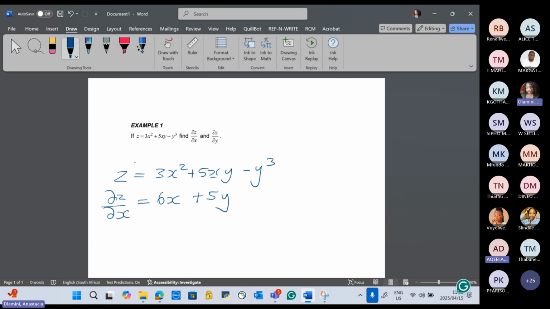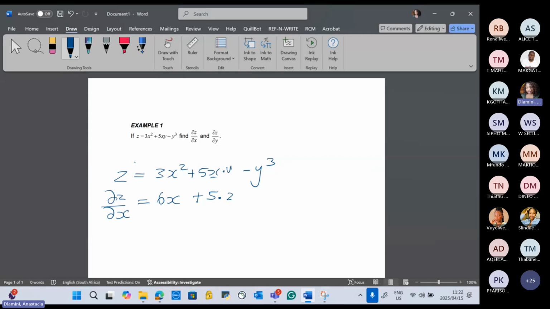It's gone, because you differentiated with respect to x. So then why did we keep the y there? Because it's a constant. If this y was a 2, then it was just going to be 5 times 2, which is 10.